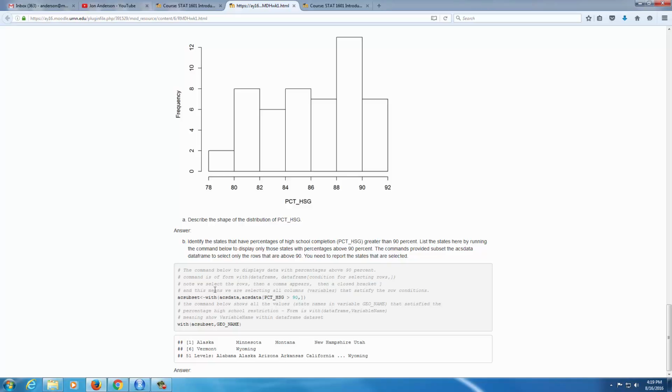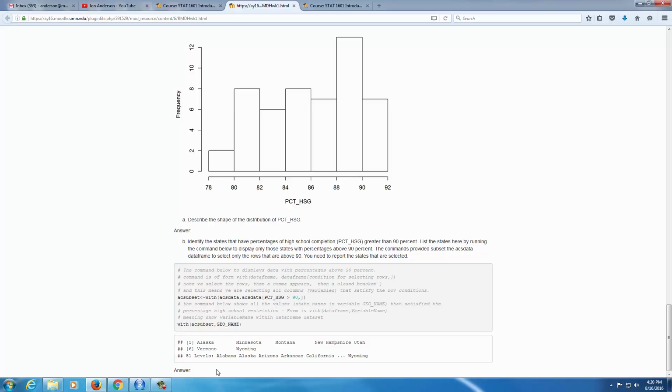And if you look at this code right down here, I'm finding all of the data values where the percentage of high school graduates are above 90, and I'm printing out those names in here. And so yes, I am really just asking you to notice what states, these states right here, are above 90% high school completion. And I'd want you to just copy those states right down here in the answer.